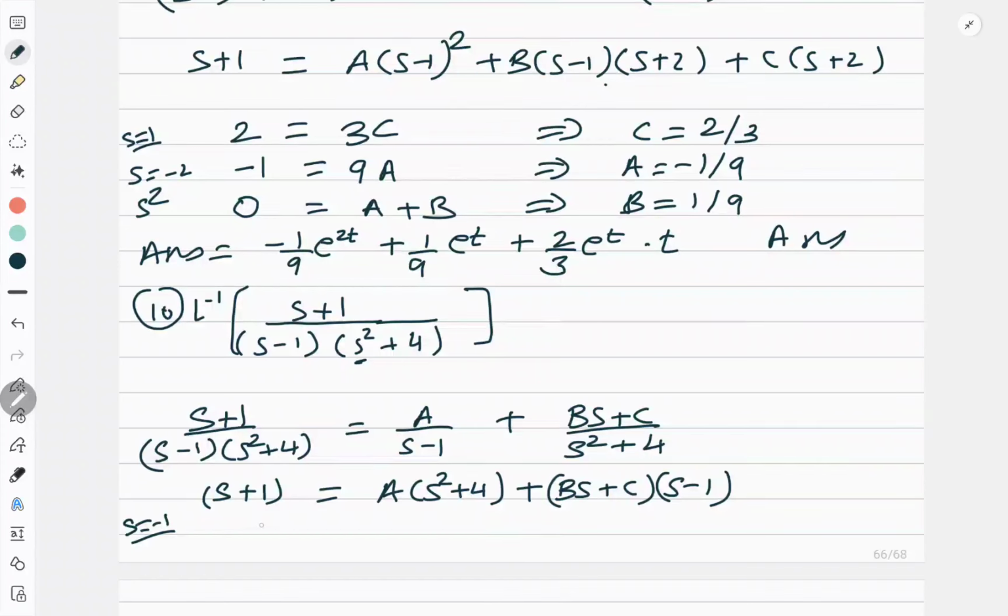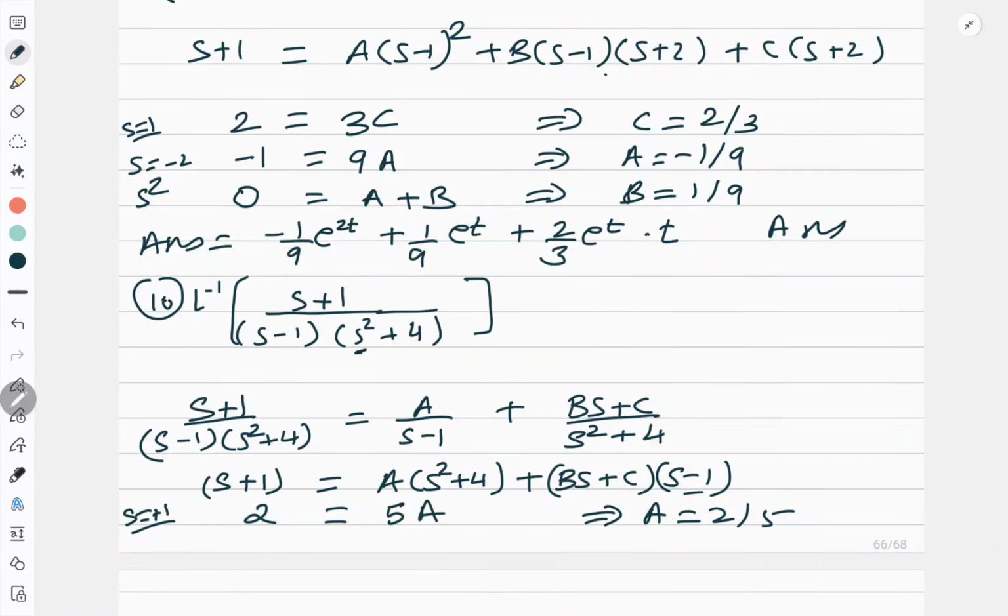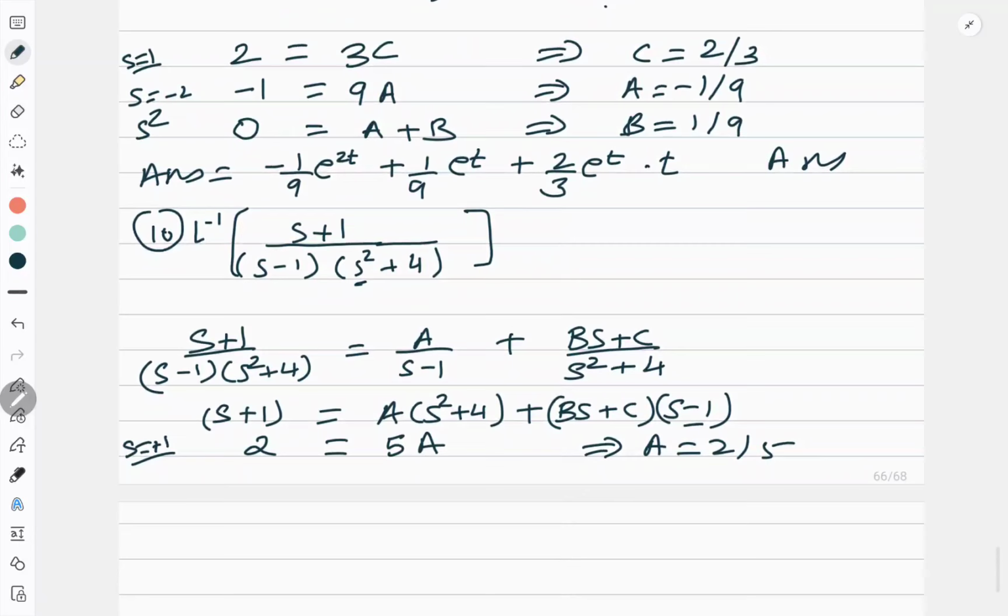Now, put s is equal to plus 1 first, because here I have s minus 1. So this will become 2 is equal to 1 plus 4 is 5, so 5A. This will become 0. Implies A is equal to 2 by 5. Then I don't have anything to put now, so I'll put s is equal to 0.